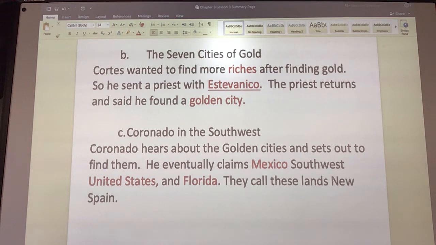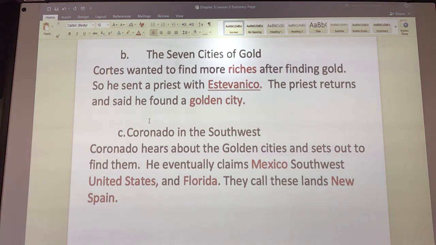All right, we had some questions. Let me get this turned red. I'll give you a minute to write. So right here it says Southwest United States, yeah. But what are these ones for? Let me look. United States, and this should be Florida. The first one is Florida, and then New Spain are the next ones.